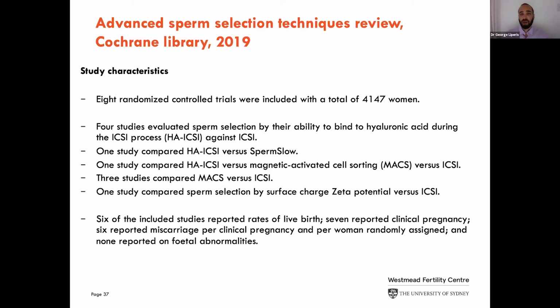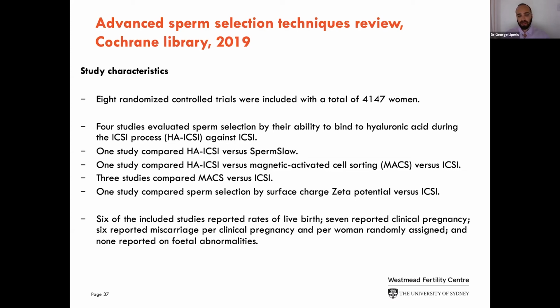One study compared hyaluronic acid ICSI versus SpermSlow, so the 2 methods using hyaluronic acid. One study compared hyaluronic acid binding versus MACS versus ICSI. 3 studies just compared MACS with ICSI, and 1 study compared selection by zeta versus ICSI.